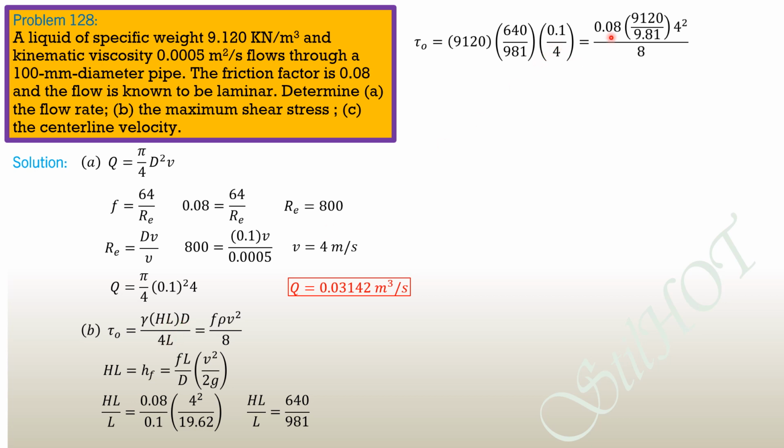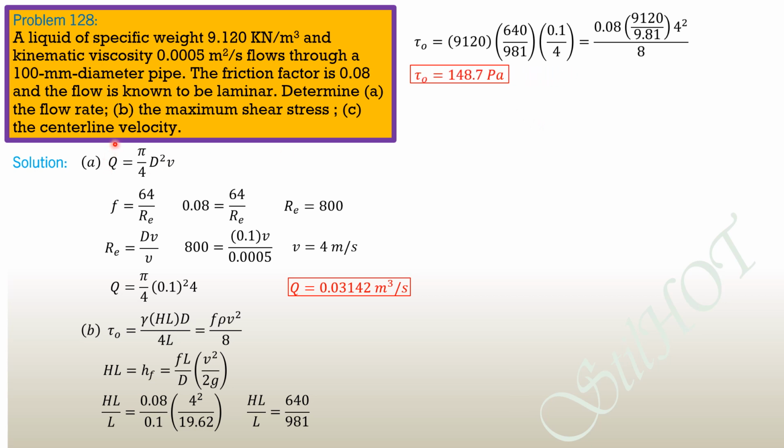Likewise, it is also friction factor times density, where density is specific weight 9120 newtons per cubic meter over 9.81 meters per second squared, then velocity squared over 8. So both formulas give the same result, the answer for tau sub o is 148.7 pascals.